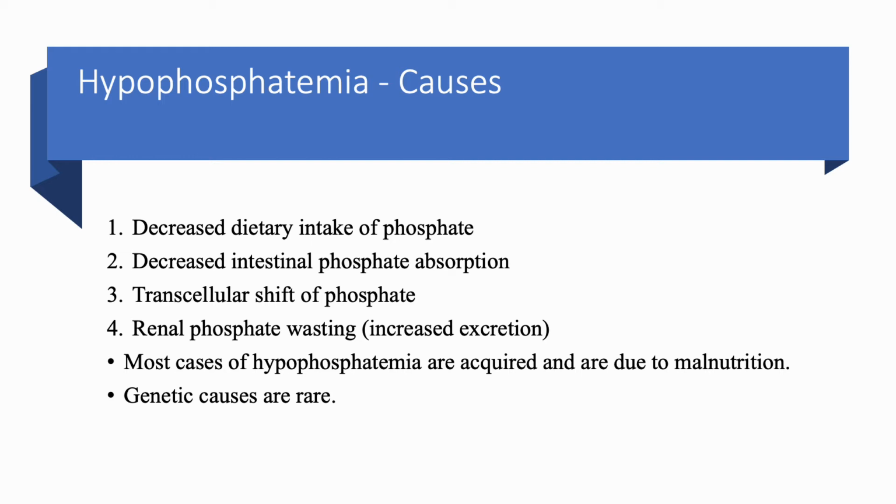So we are going to mention like 50 causes of hypophosphatemia, but each cause is due to one of these 4 possibilities or more than one, and we are going to analyze it, and it's actually fun to analyze the causes of hypophosphatemia. Most cases of hypophosphatemia are acquired, not genetic, and they are due to malnutrition, alcoholism. Genetic causes, we are going to mention those, but they are rare.